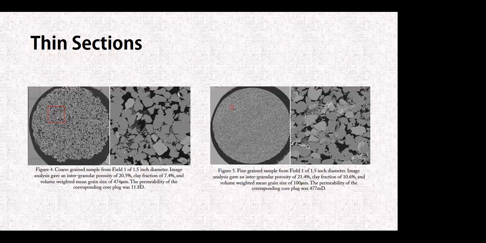So here are the results. The first one is the thin sections. In figure 4, that is a coarse sand, and in figure 5, that is a fine sand. From these 2 data, we observe that the samples have clearly different grain size.